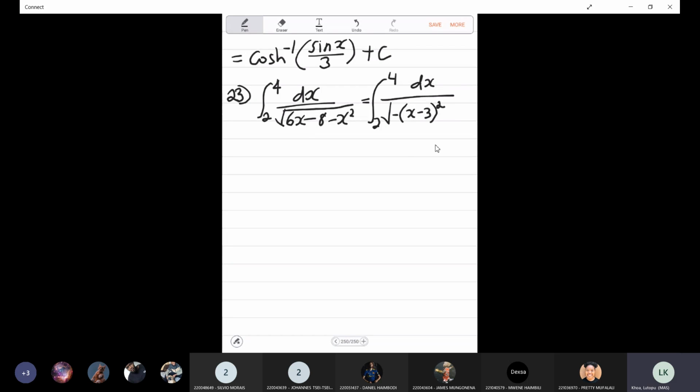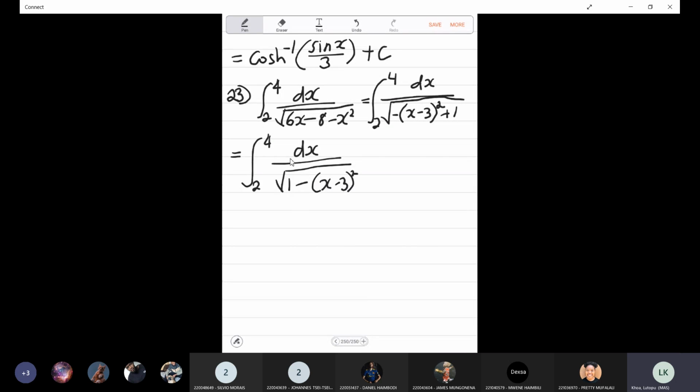You close the bracket, and then here you would add 9, which is the square of this. So we have 9 plus negative 8, which is 1. Okay, so we've completed the square over here, and then we can write it properly in the form that we want. This is the integral from 2 to 4. We have dx in the numerator, and then we have 1 minus x minus 3 squared, like that.